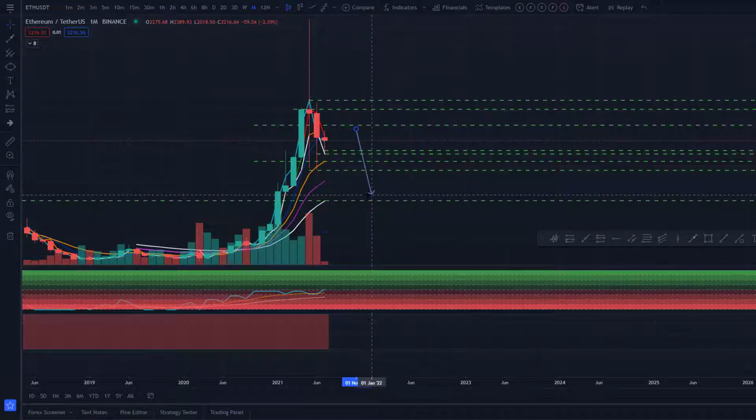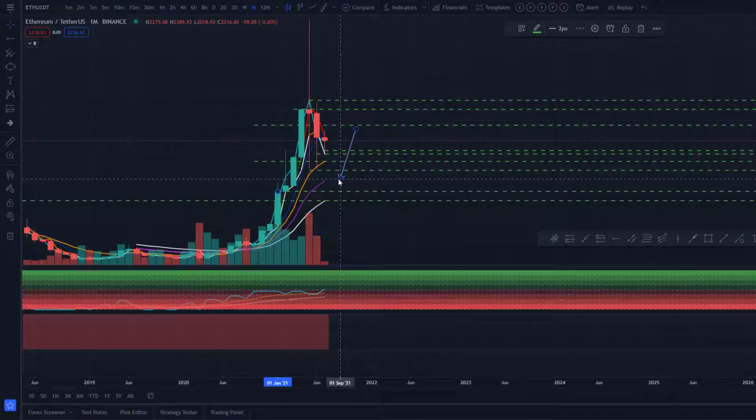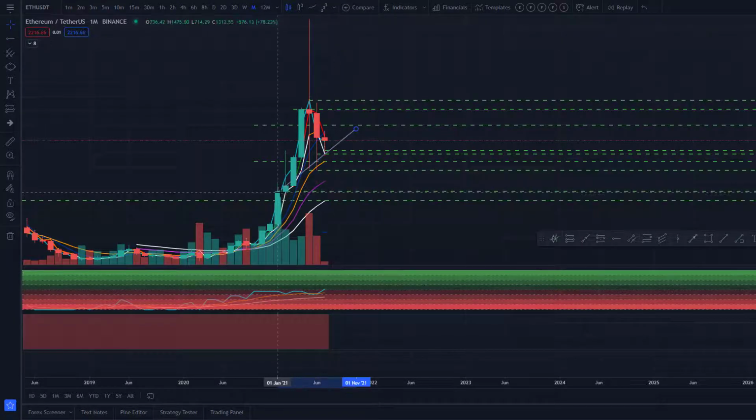what you're really looking for is a close above these momentum indicators. And ideally, like I said, this white momentum indicator, if you're in the Rexdog system, you know what that is, would align with this open or this close of this candle here on the monthly time frame.